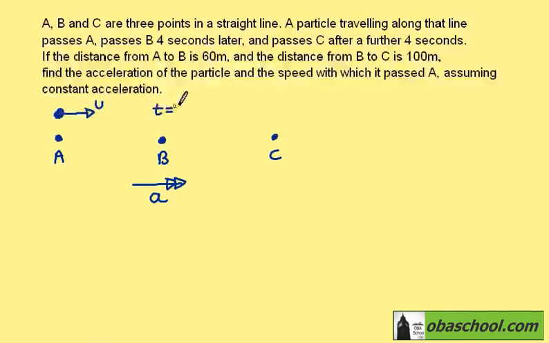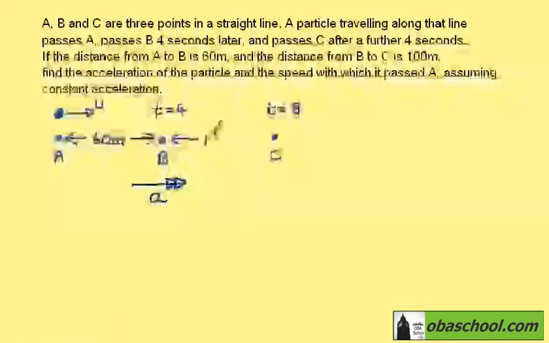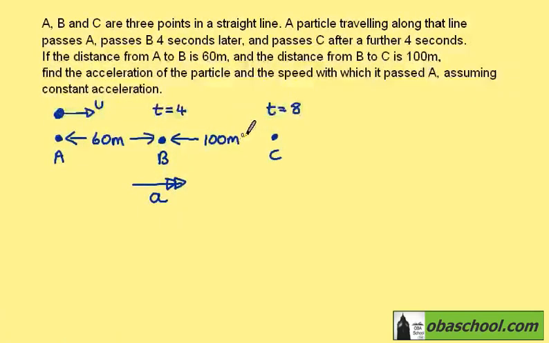It passes B at 4 seconds after passing A, and C at 8 seconds after passing A, since we know that it passes C 4 seconds after it passes B. The distance A to B is 60 meters, and B to C is 100 meters. We now have a clear picture.